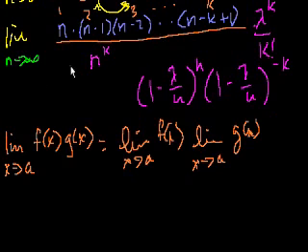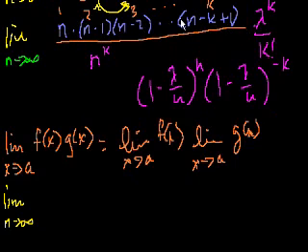So first of all, what's this limit? Let me write this out. We have the limit as n approaches infinity. So this thing up here, this n times n minus 1 times n minus 2 all the way down to n minus k plus 1, what's it going to look like? It's going to be a polynomial, right?